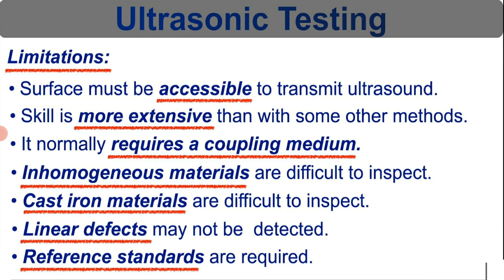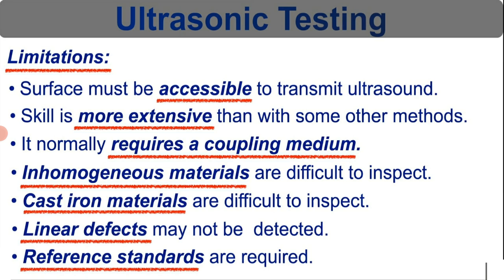Every equipment has some limitations, so let's see the limitations of ultrasonic testing. First one is the surface must be accessible to transmit ultrasound. Second limitation, skill and training is more extensive than with some other methods.